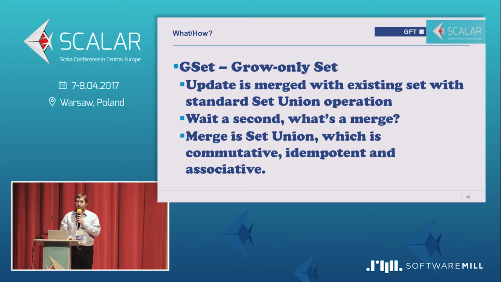The network doesn't guarantee me any order. Idempotent means if I do an update twice, the result is the same, because to get something really done in a network, I should be repeating, because packets could get lost. And associative means that I can group the operations in any way.